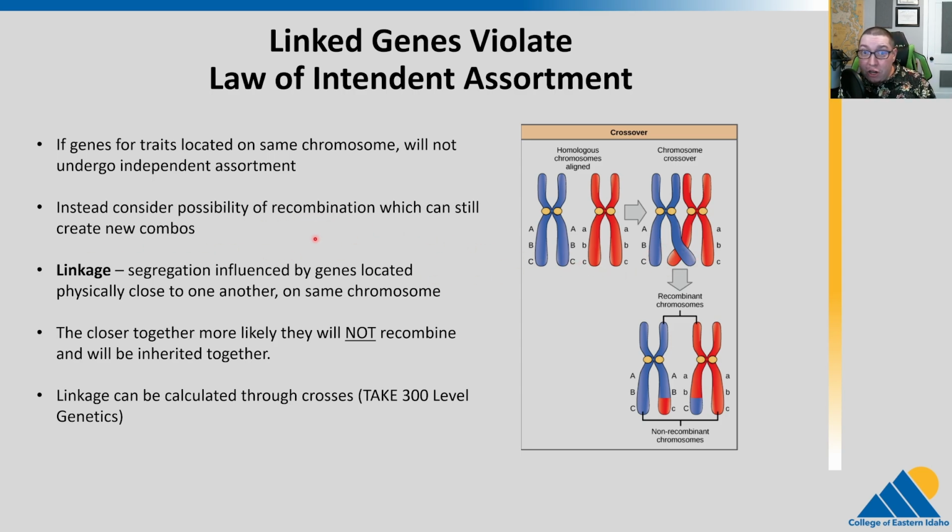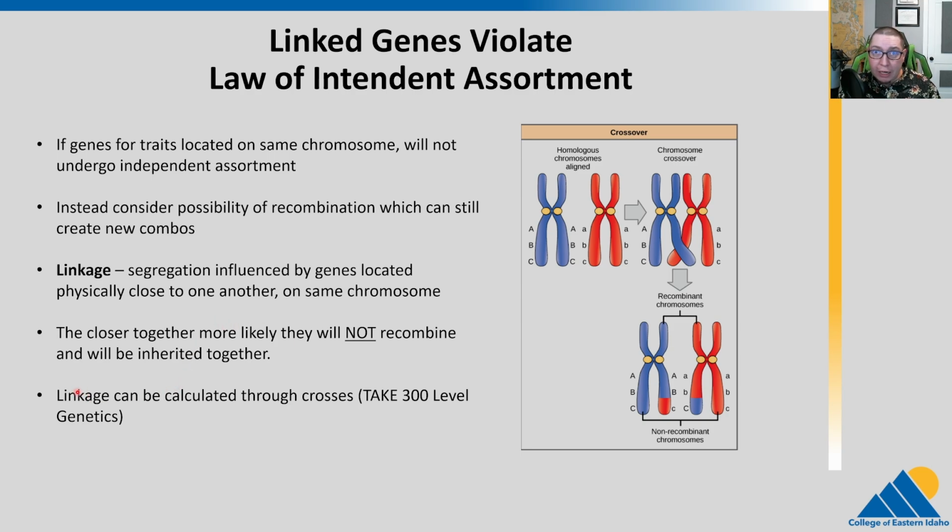But recombination does not happen every single time. The closer two genes are, the less likely that recombination is to occur. So linkage is segregation influenced by genes located physically close to one another on the same chromosome. The closer they are, the more likely they will not recombine and will instead be inherited together.